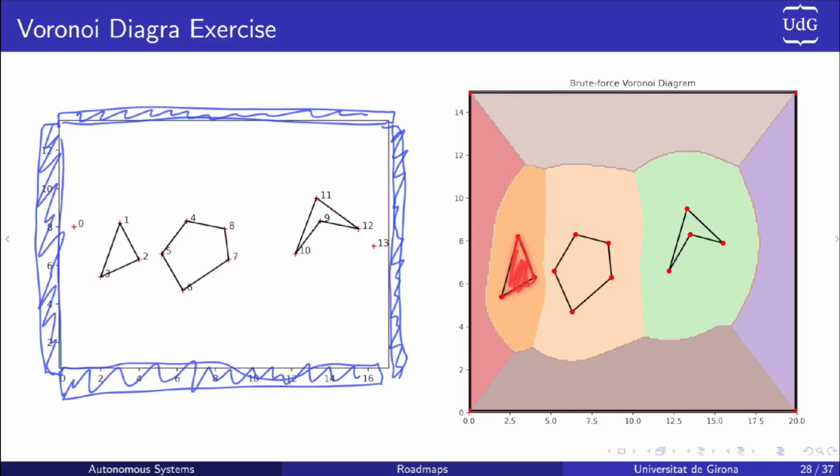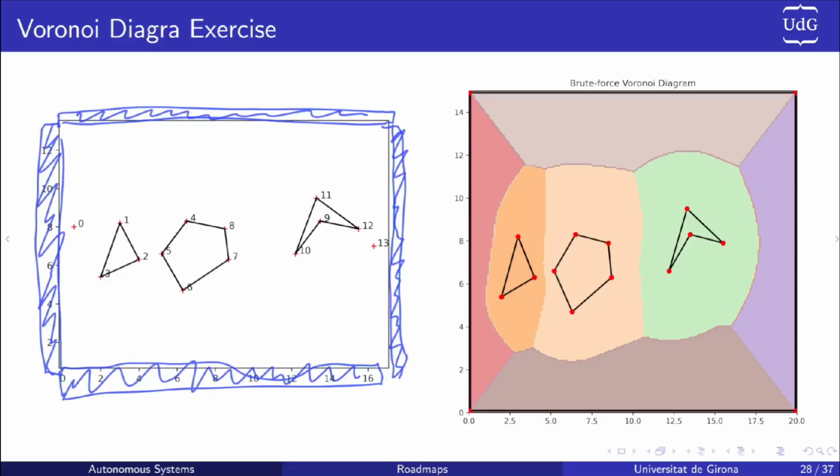And this is a very simple implementation. You see, I even check the cells inside the obstacle itself. Of course, the distance of these points with respect to this obstacle is 0, and therefore it's the closest obstacle. But this is just obtaining the Voronoi diagram. Now we want to extract a roadmap from here.